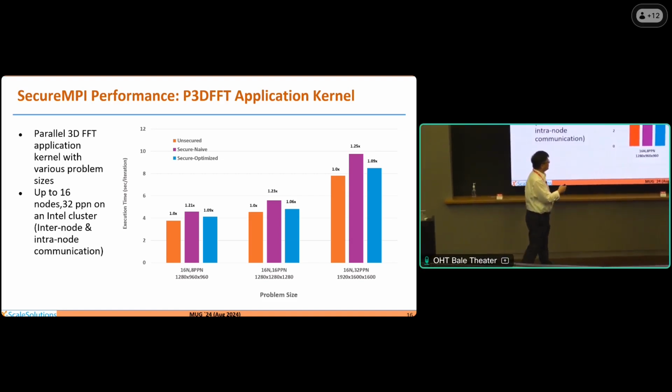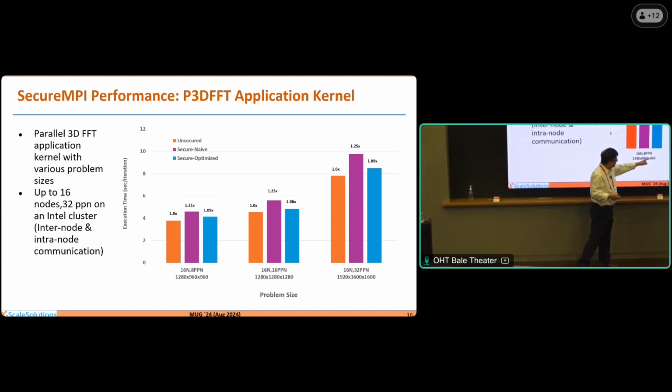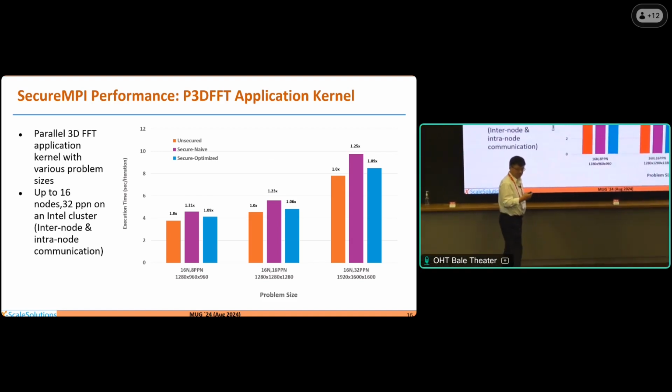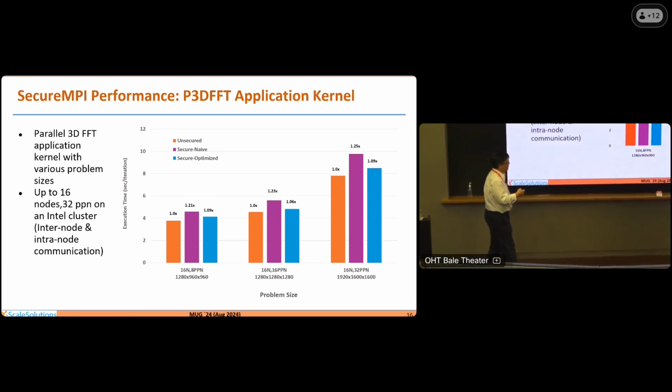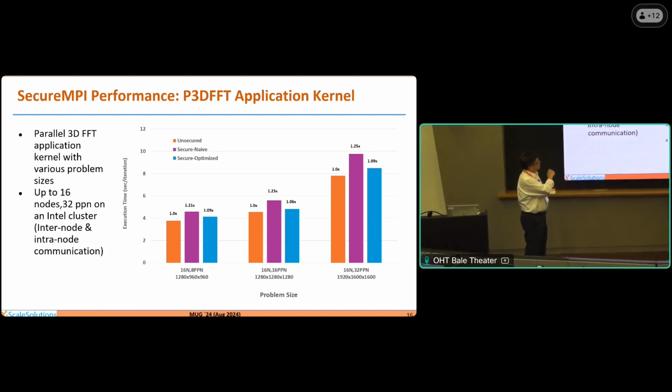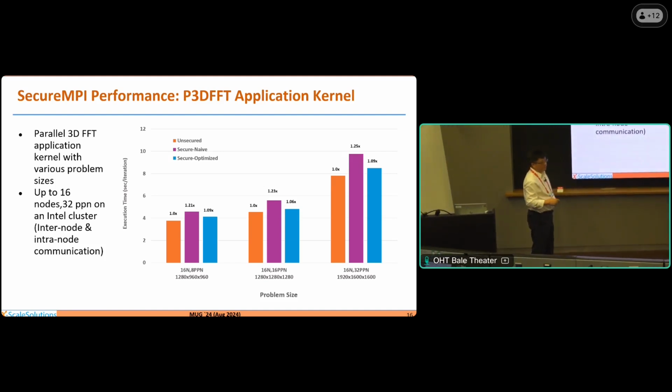And this is showing the same number of nodes with a different number of PPNs, so your total ranks are changing. And as you can see, we are still seeing noticeable benefit, okay? And maybe 2.5x or 2.6x, and sometimes it's more than that.